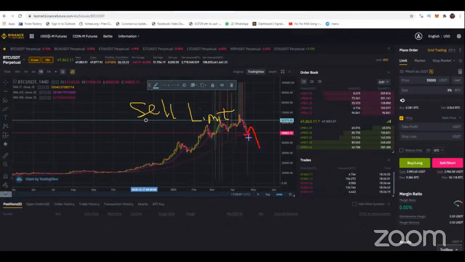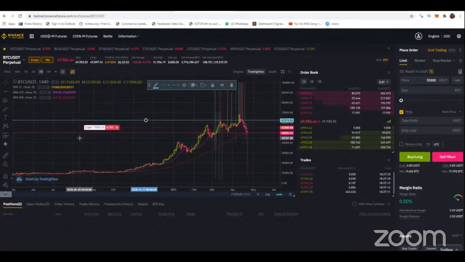So we don't want to enter at the current market price. We want it to go up a little. We want it to be at a price above the current market price, and that's why we are using a limit order. So we put in 55,000 here, set our 3%, and then click on sell short.